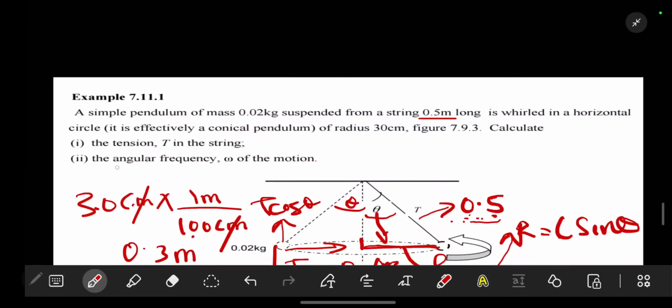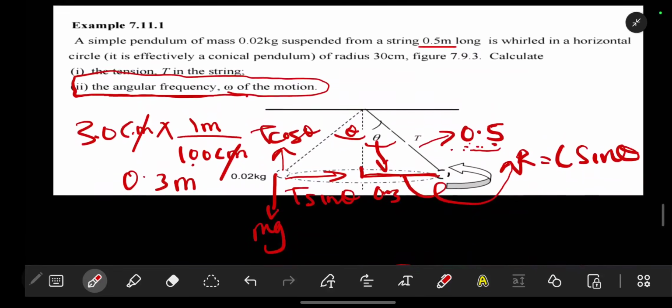Then the other one, the angular frequency. Remember, angular frequency is just the same as the angular velocity. The only difference is that angular frequency is considered to be a scalar, whilst the angular velocity is considered to be a vector, but the formula is the same.